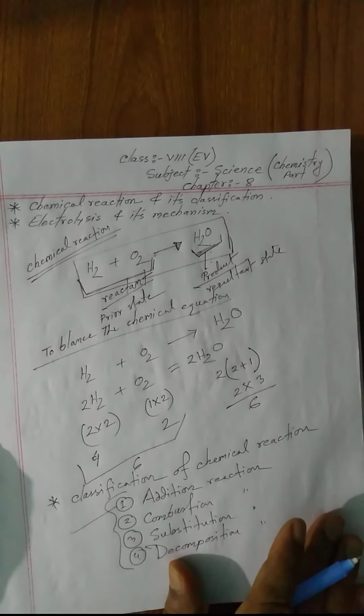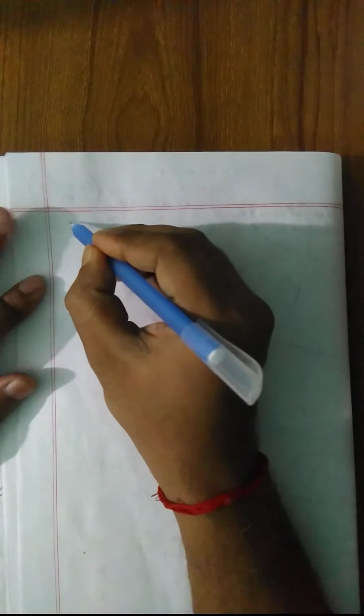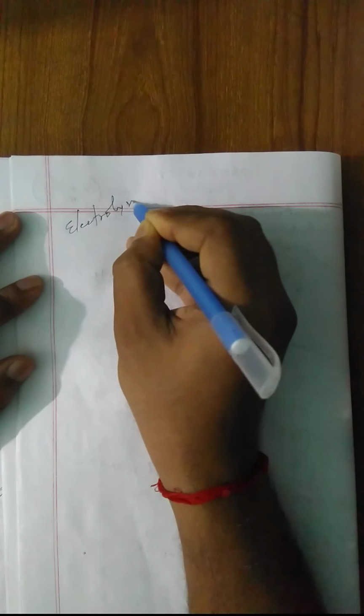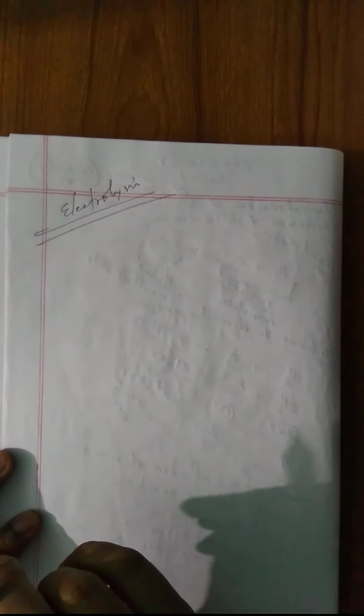Now electrolysis. So electrolysis is the process in which a chemical reaction occurs by following electricity.